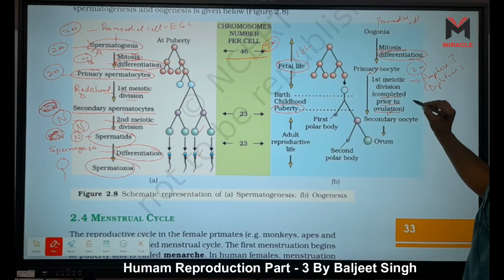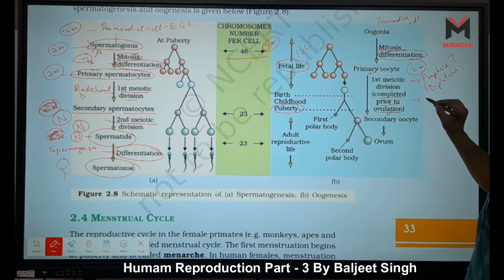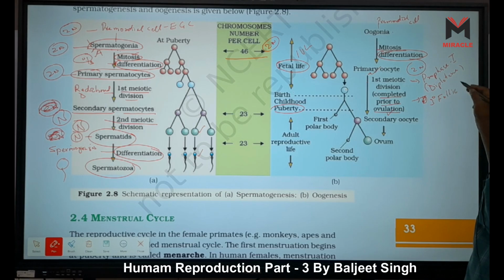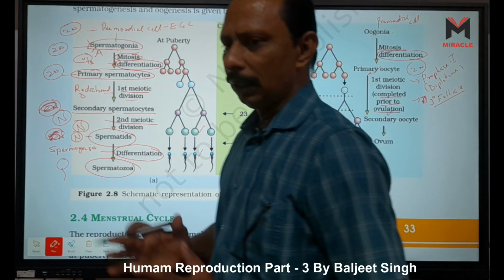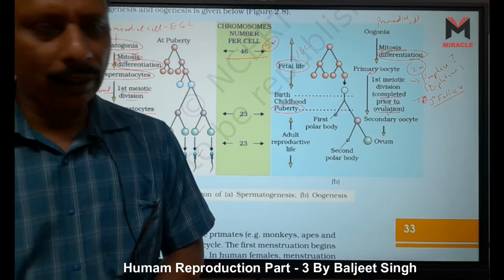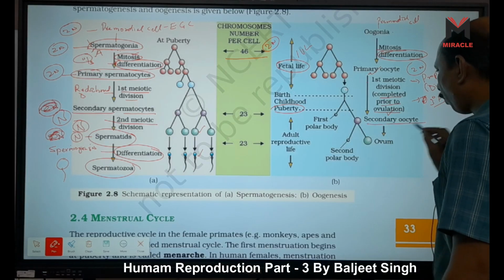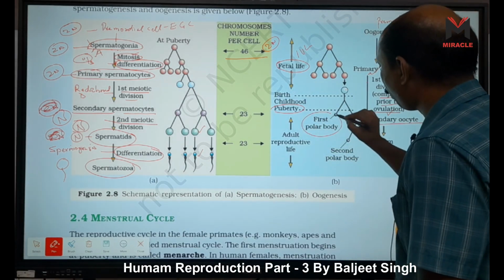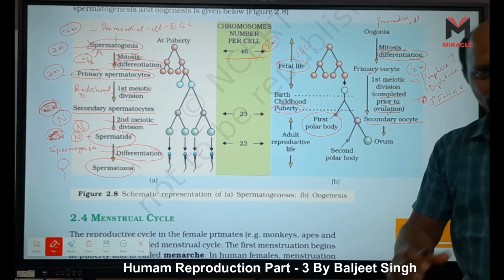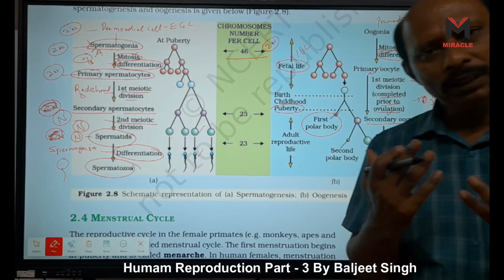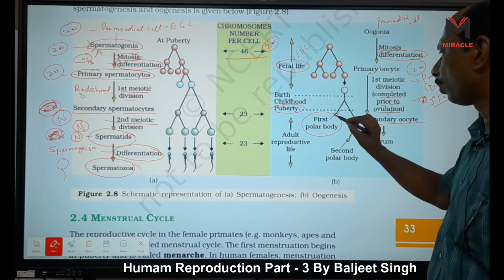This is completed in the tertiary follicle, right? In the tertiary follicle, this division is completed, and when this division is completed, what happens? A secondary oocyte is formed and the first polar body is formed. This first polar body either divides or degenerates because it has a very small amount of cytoplasm.